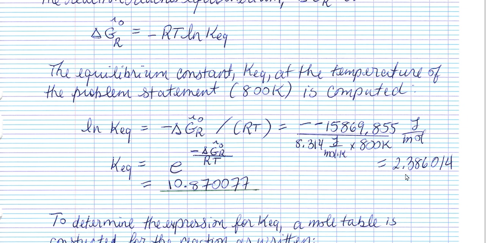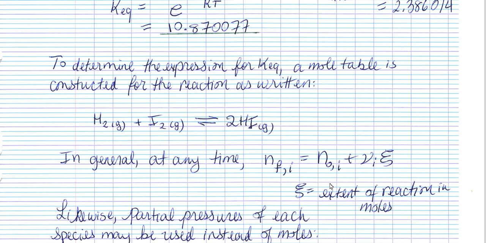And we have that ln of KEQ is equal to 2.38614. So KEQ is simply e raised to that power, which is equal to 10.870077. With a K this large, this simply means that the reaction proceeds mostly from the left to the right. So it proceeds mostly toward the product side, toward the formation of HI gas.